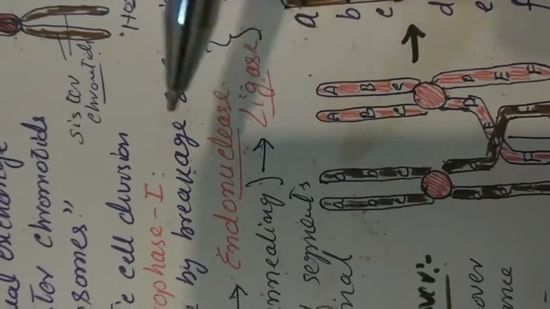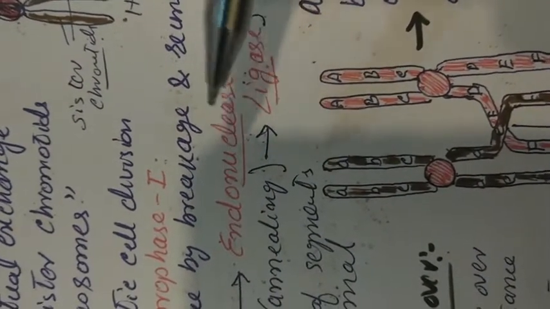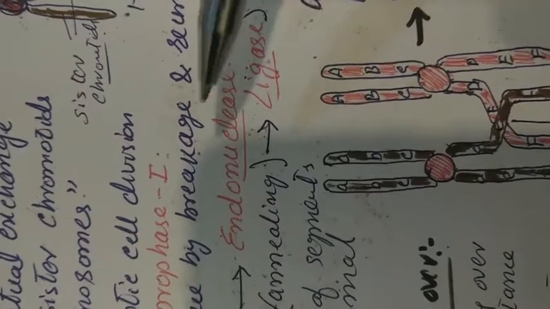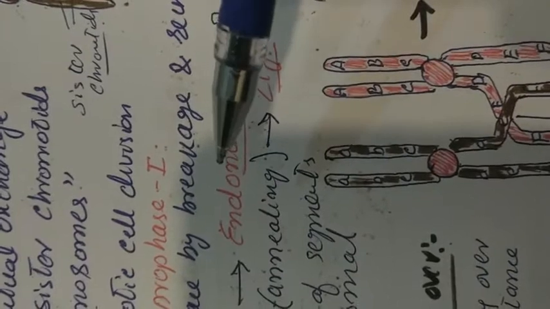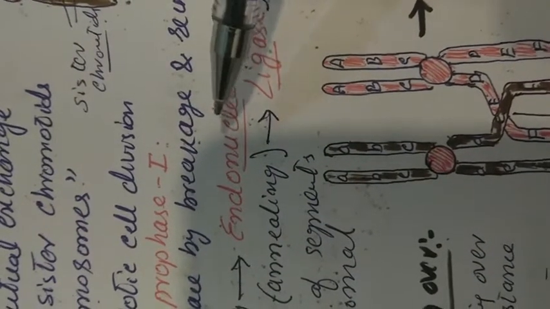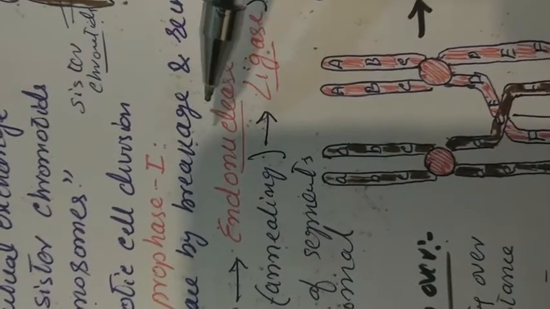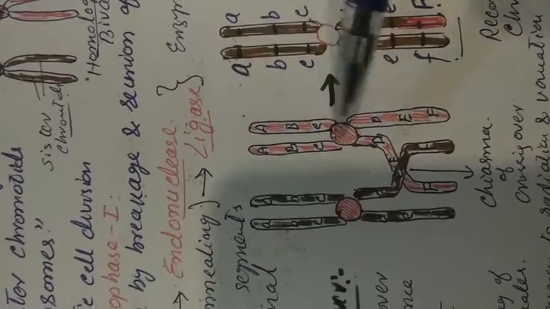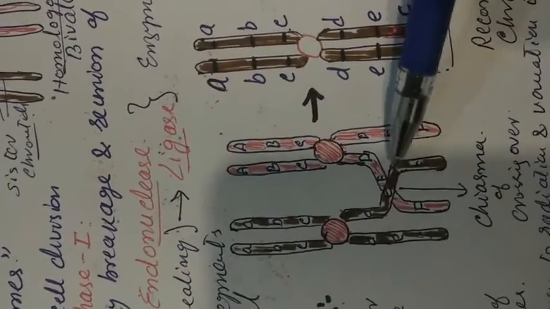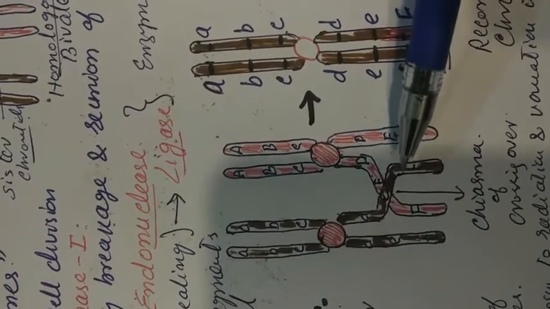Therefore, you must remember, endonuclease and ligase are the two important enzymes needed for breaking and reunion of these broken chromosomal segments.